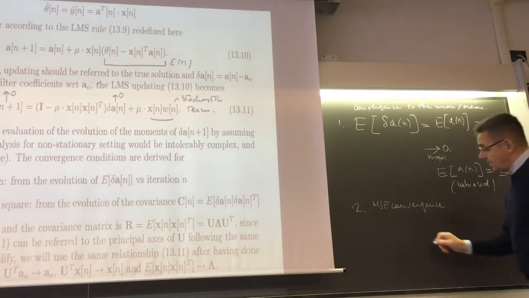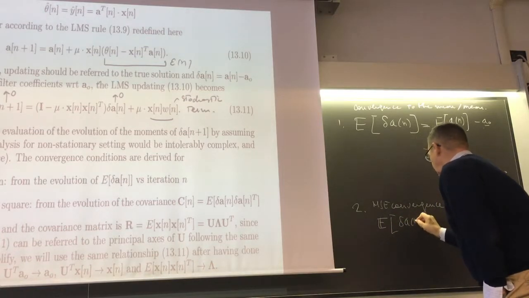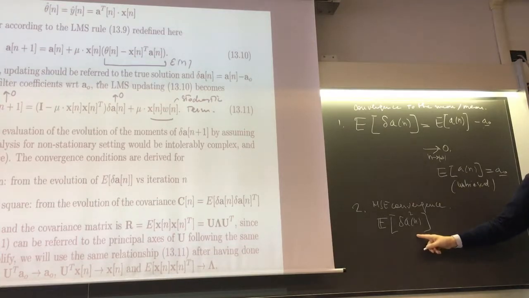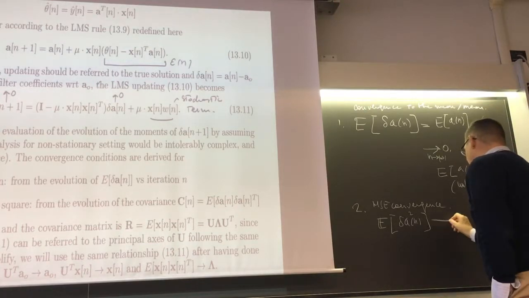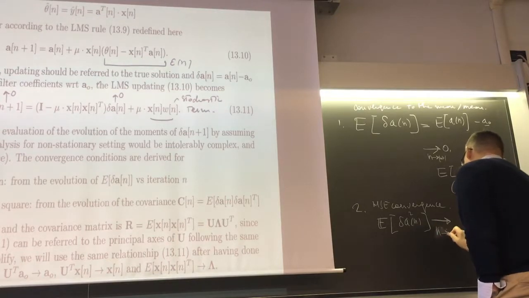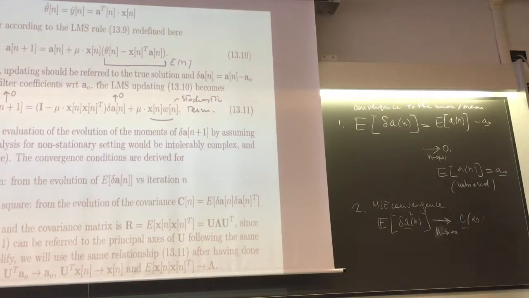The convergence in the mean square says that I want to guarantee that the expectation of delta A_n squared, which is the variance, goes asymptotically for n going to infinity to a certain value, c infinity, which is smaller than infinity, which means a constant value. This is called the convergence in the mean square.